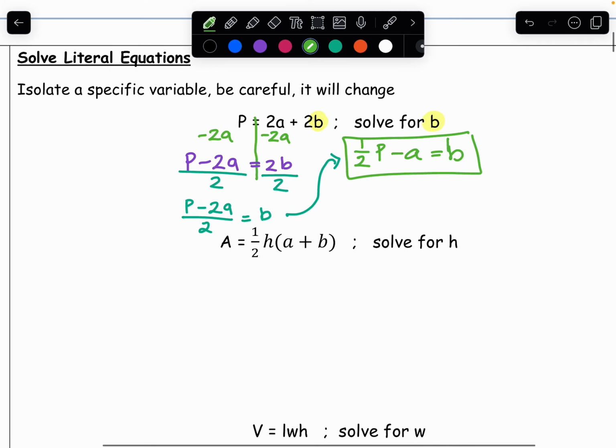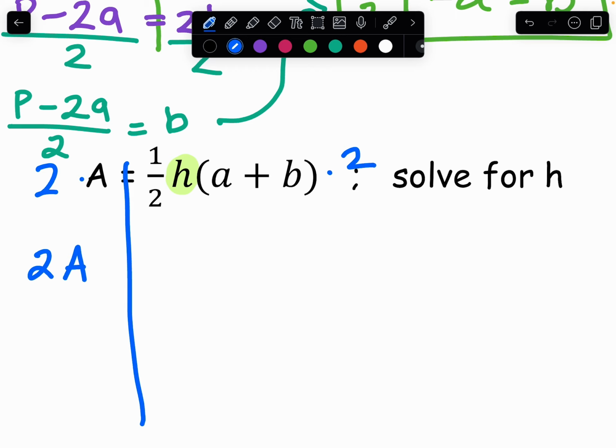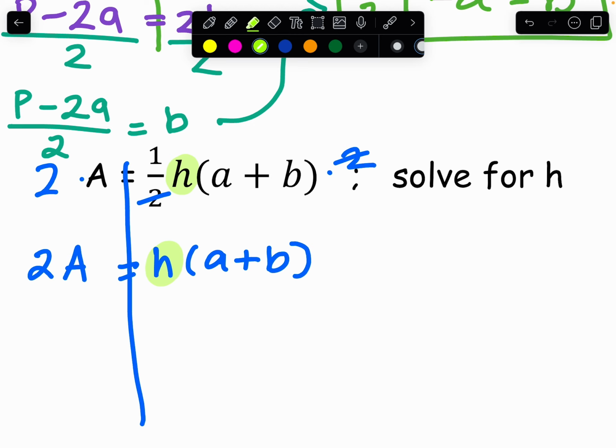Our next one is solving for h. So here's h. I have a fraction, so what I'm going to do first is clear out that fraction, meaning I'm going to multiply both sides by 2. So I get 2a equals, well, these 2's cancel out, and that's because that whole term is grouped together with that multiplication, and 1 times anything is itself, so I'm going to have h times a plus b. Now, again, I'm trying to isolate h, and h is being multiplied by a plus b.